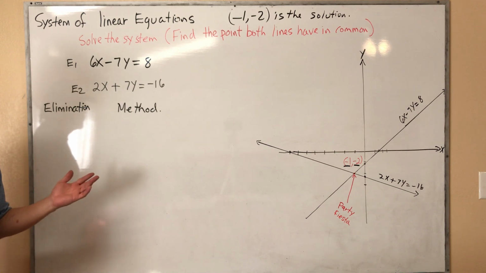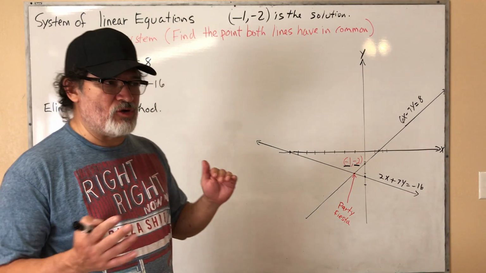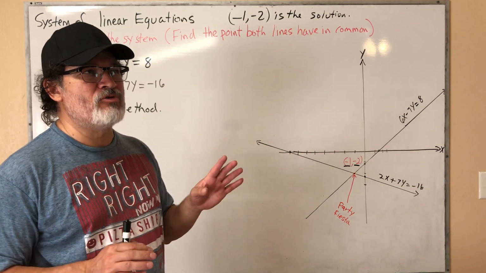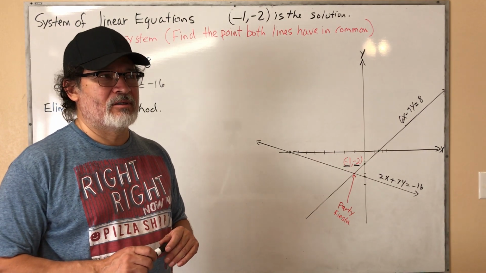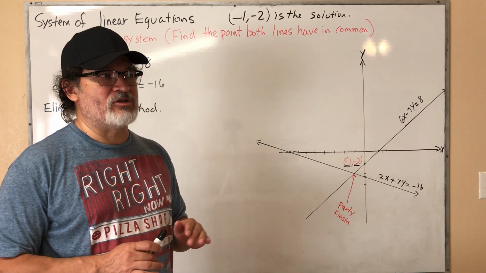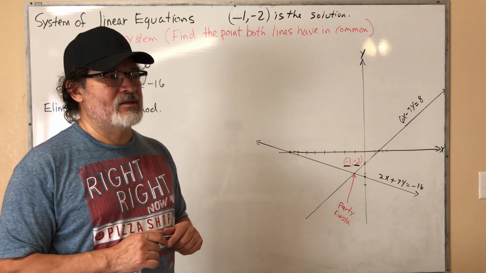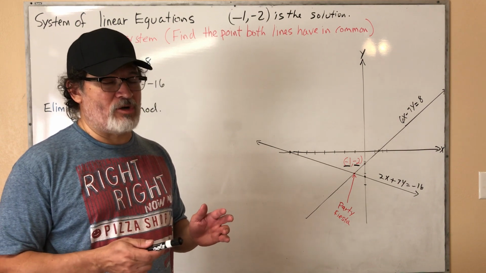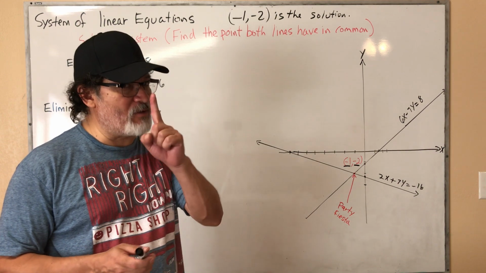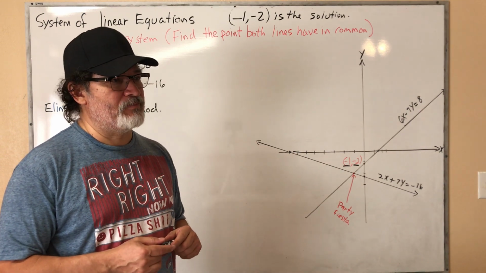Just what it says. Let's eliminate a variable. What you're going to do to eliminate a variable is you're going to add both equations. When you add both equations, you pick a variable to eliminate. You can pick x to eliminate, or you can also pick y to eliminate. Pick one of them, whichever is convenient, okay?